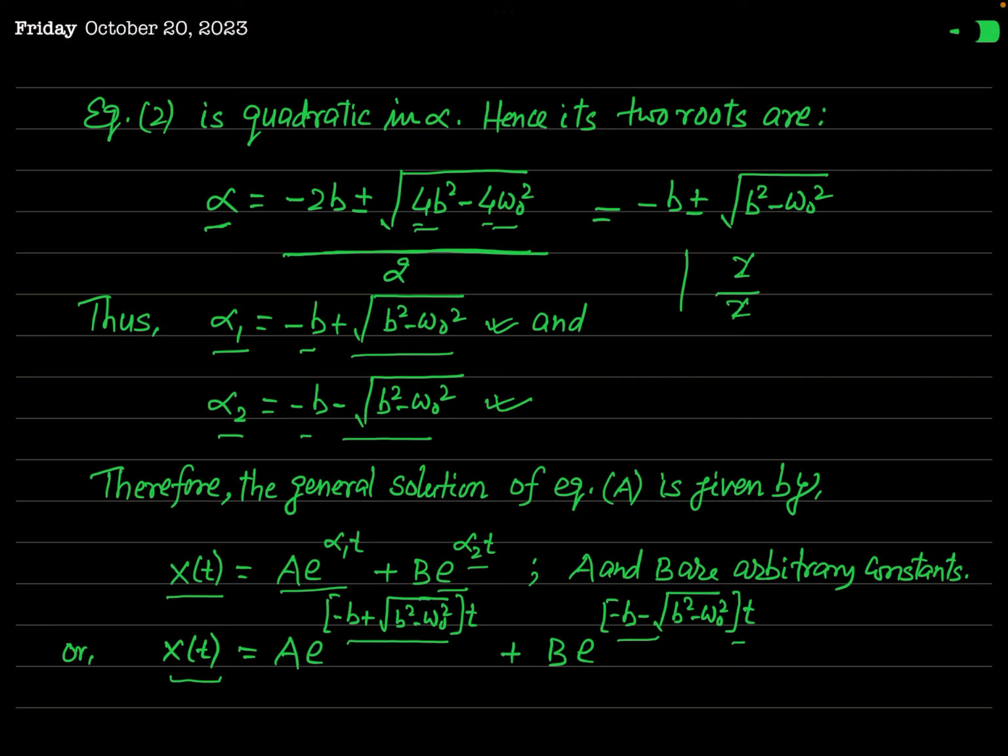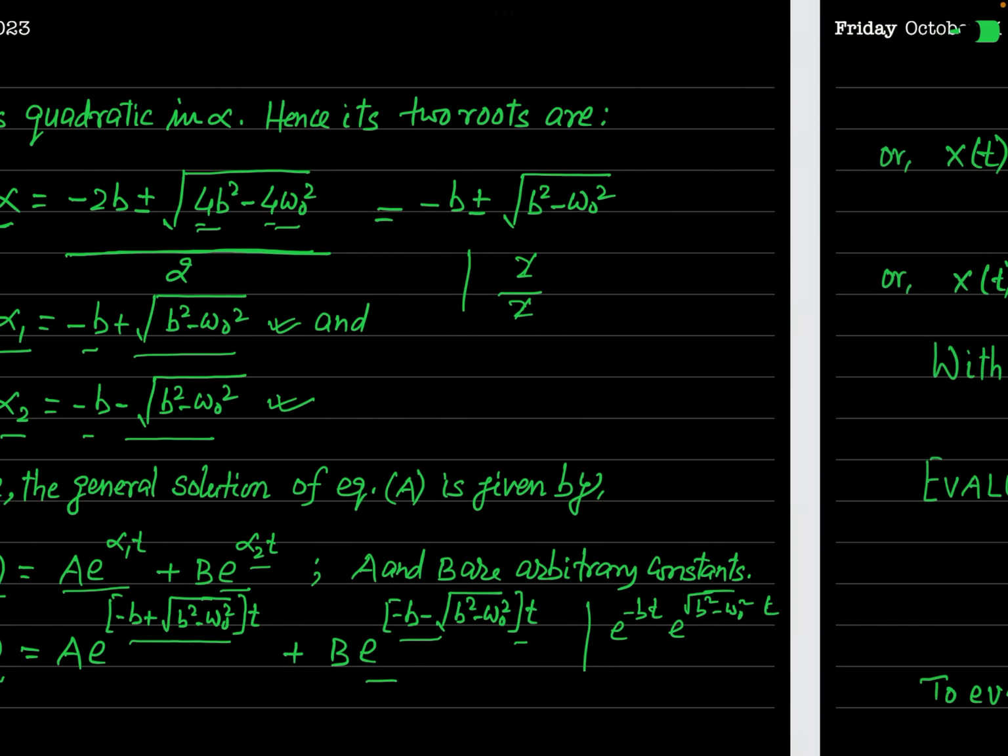Now you can see this exponential factor can be written like this. This is e to the power minus bt times e to the power root over b square minus omega naught square into t. And similarly, in the second term, this e to the power minus bt will be a common factor.